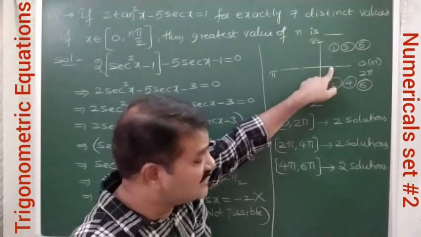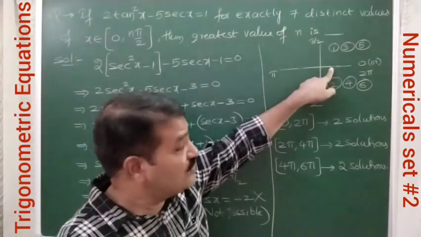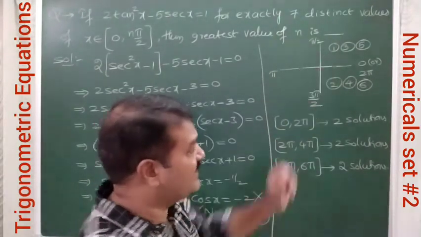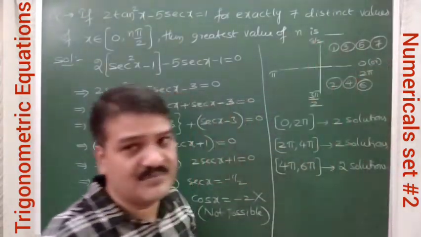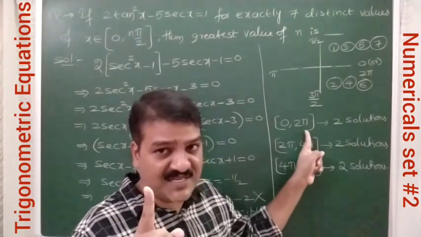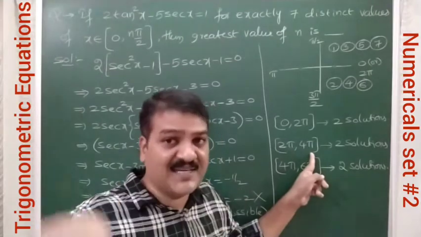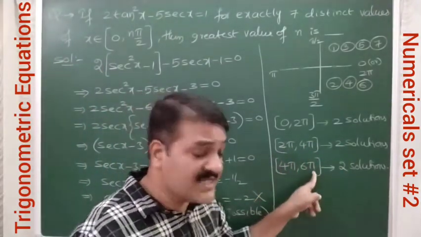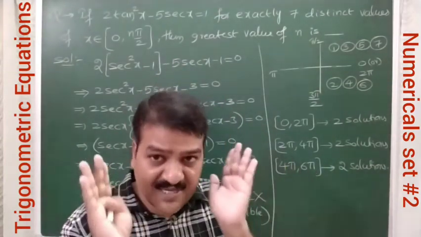So after the third cycle is completed, we start the fourth cycle. In the fourth cycle, again in the first quadrant, we get our seventh solution. Hope it is clear. 0 to 2 pi means first cycle, two solutions. 2 pi to 4 pi means second cycle, again two solutions. 4 pi to 6 pi means third cycle, again two solutions. 6 solutions are covered.